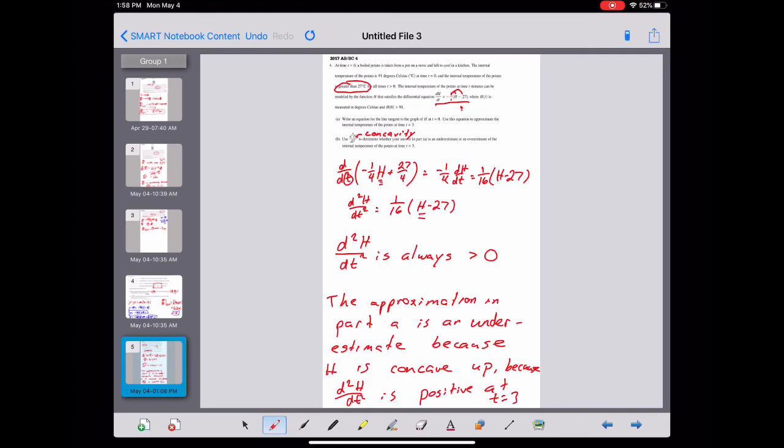So this was actually only a 1-point question. You had to tell whether it was an overestimate or an underestimate and provide the reason in order to get the point. So we would need all of this in order to get the 1 point here.